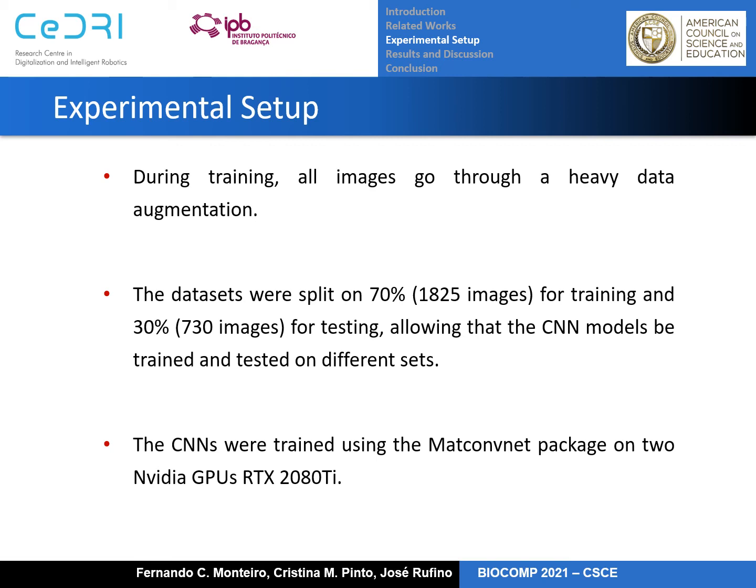This allows the CNN model to be iteratively trained and tested on different sets. All CNNs were trained using the MatConvNet MATLAB toolbox in a virtual machine with a pair of NVIDIA RTX GPUs.